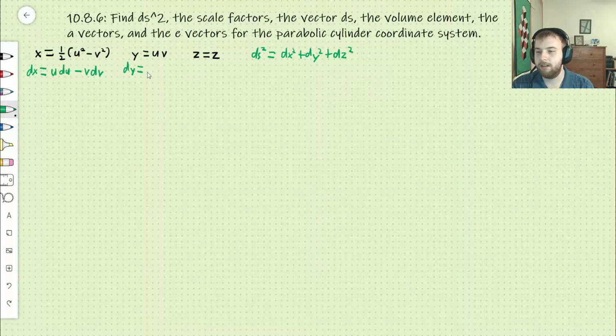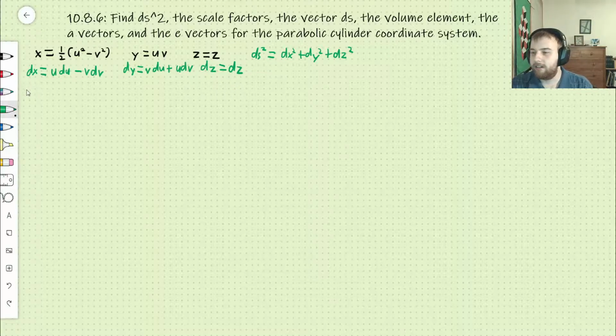So that's v du plus u dv. We don't need any extra differentials since we have all of them there. And then our dz is just going to be dz, nice and easy.